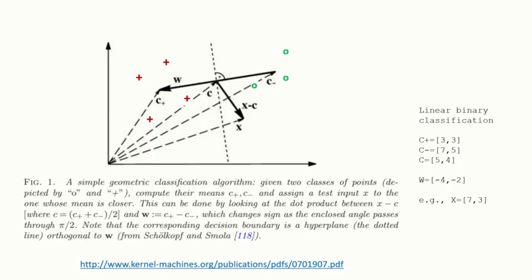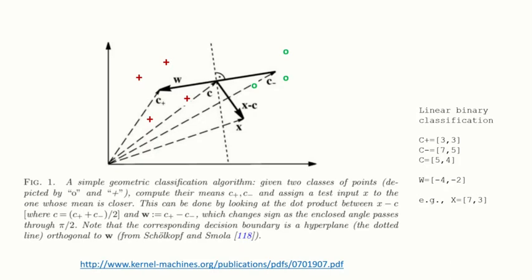Then once you have your input data, say X here, X again is a vector. What you can do is use this vector, X minus C. X minus C in the vector operation will give you this vector here. So the algorithm is very simple.